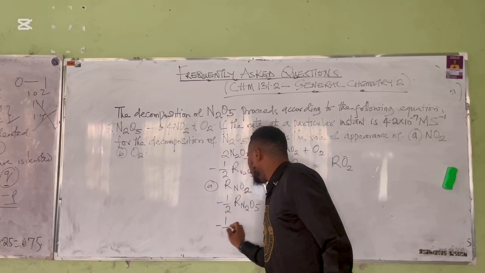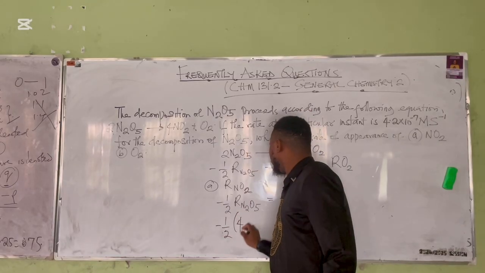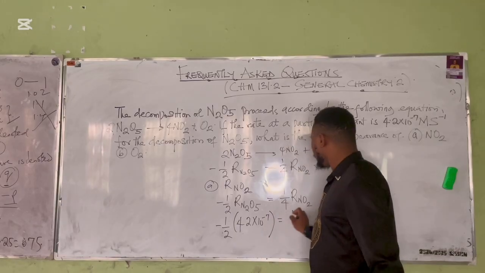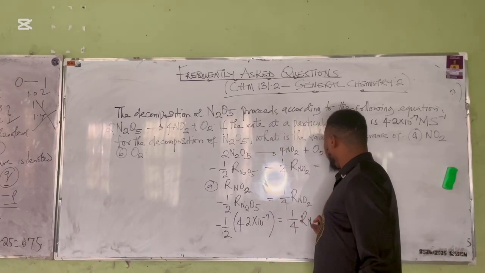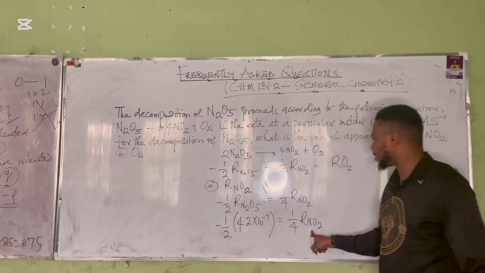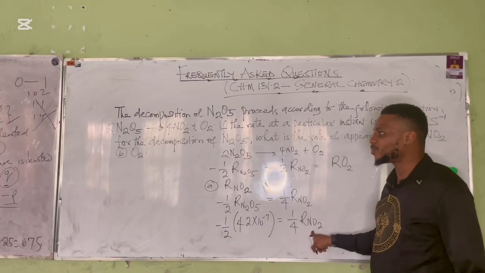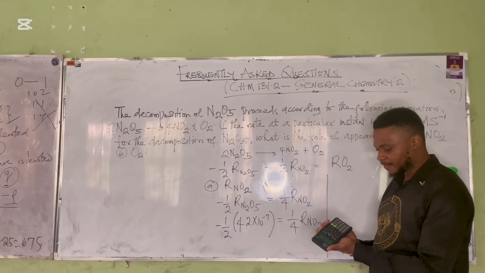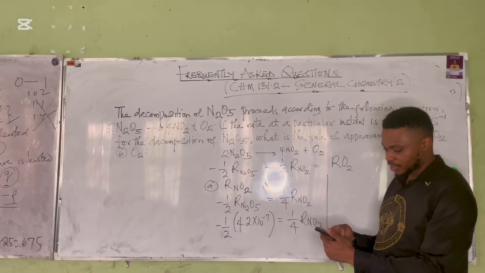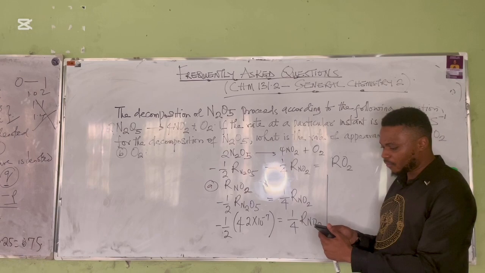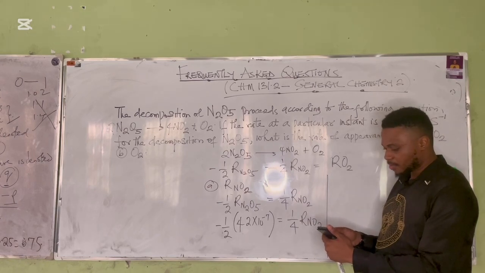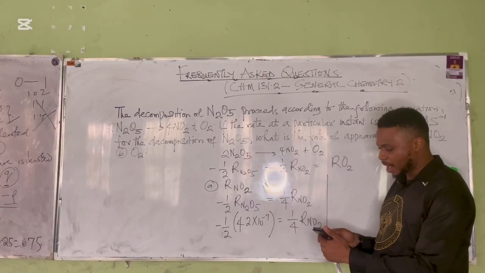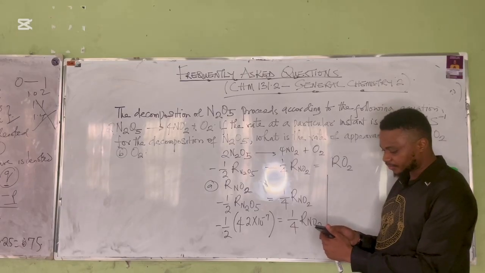So this will be minus 1 over 2, rate of N2O5 is 4.2 times 10 raised to the power minus 7, which will be equal to 1 over 4 rate of NO2. This is what we are looking for. So now basically we have minus 1 over 2 times 4.2 times 10 raised to the power of minus 7.